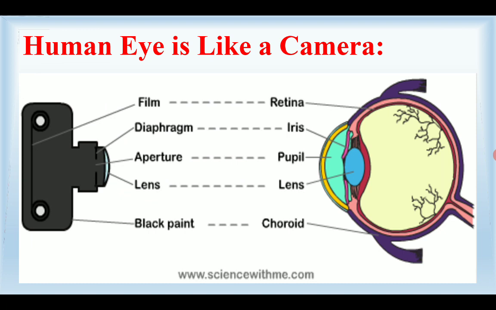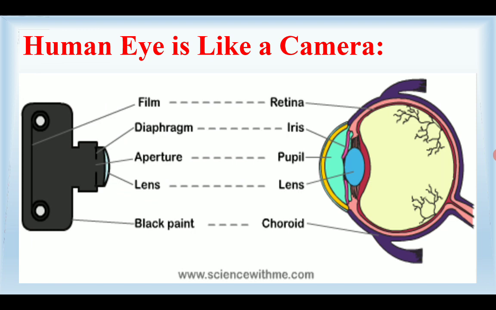A diaphragm is there; the diaphragm controls the intensity of light entering. The same function is done by the iris in the normal eye. Aperture is where the light enters inside the camera, and the pupil is that portion of our eye through which the light enters to the eye lens.